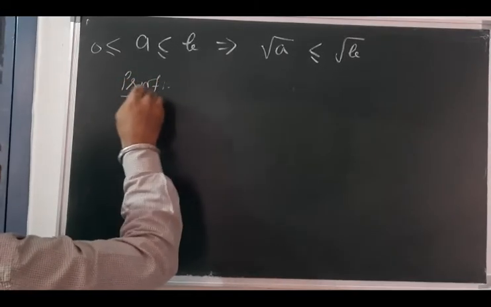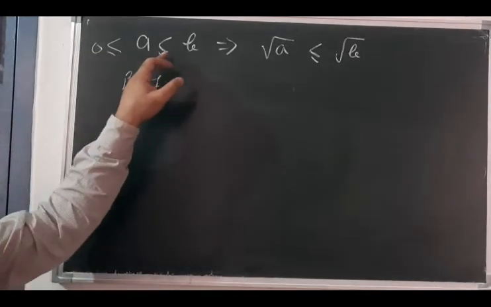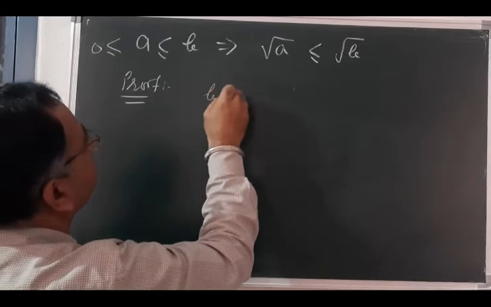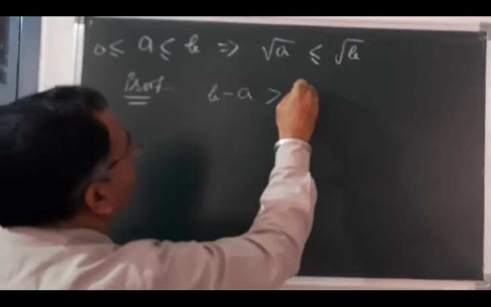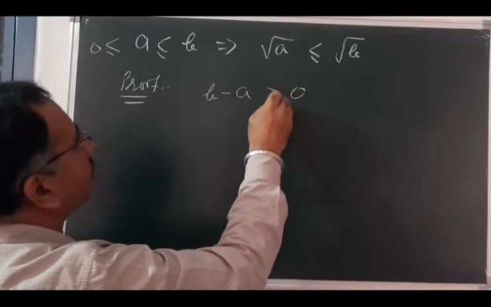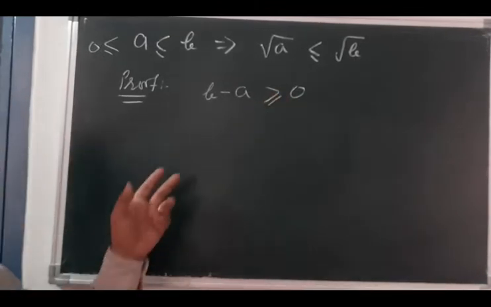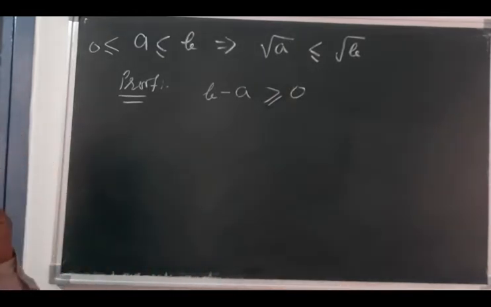Proof. So a less than or equal to b implies b minus a is a positive number, that is, b minus a is greater than or equal to 0. So b minus a is either a positive number or 0.